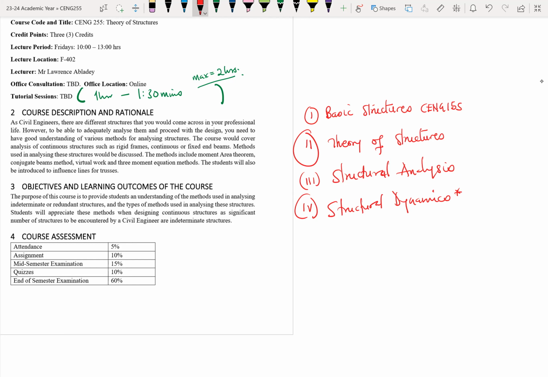And I think there should be structural engineering. The course is divided into certain components: there's an analysis component, and then the design component.